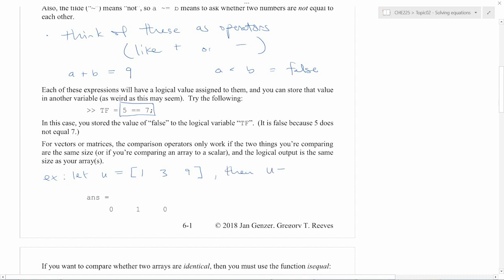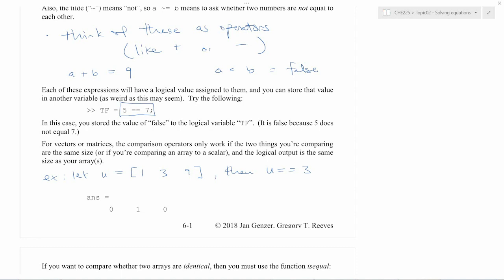Then the value of the question u equals equals 3 is itself a row vector of 3 elements: false, true, false. Because only the second element of the row vector u was actually equal to 3.